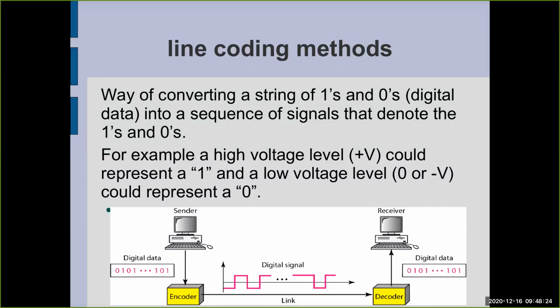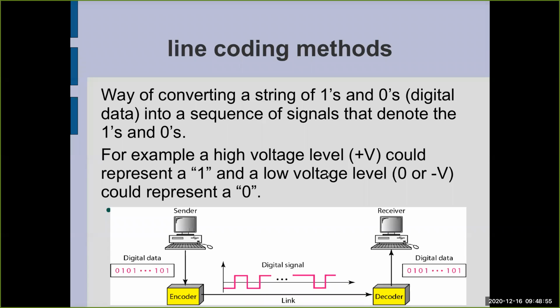Assuming that we have a stream of bits, zeros and ones, and we want to send it from one point to another, we have to encode it. So we have to create a digital signal which represents 0 or 1.